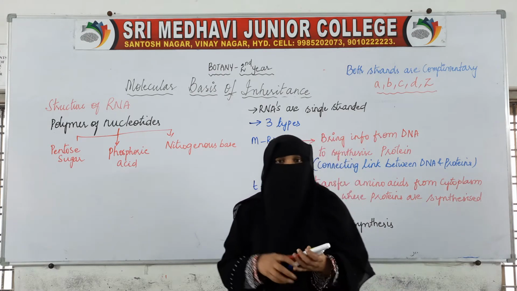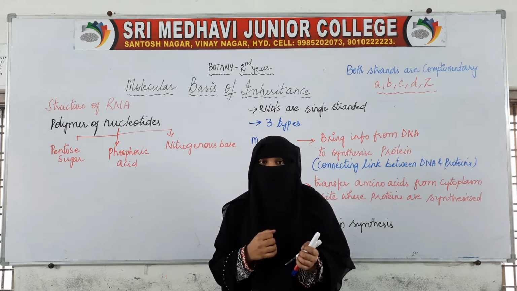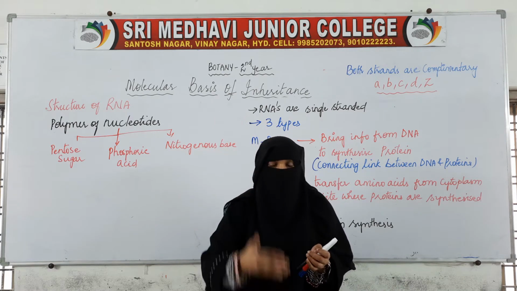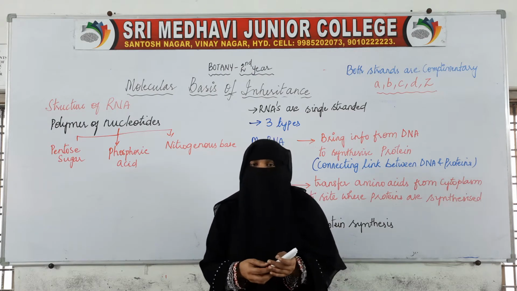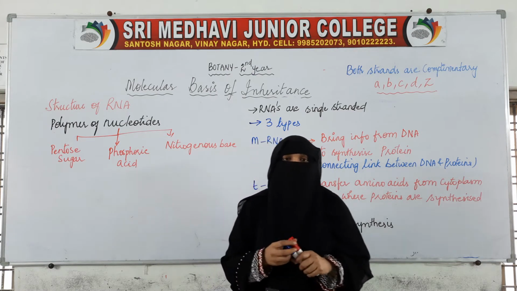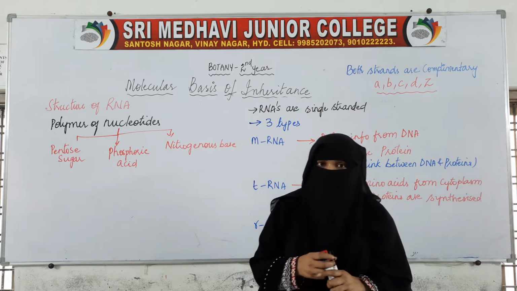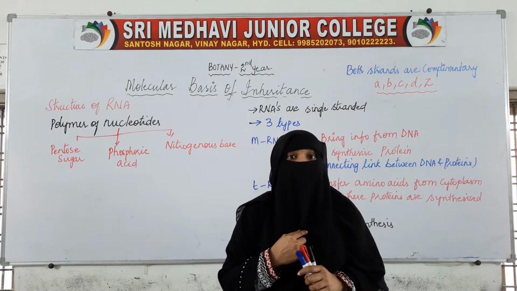So 10 base pairs, 3.4 angstroms distance each, and the total distance of one turn is 34 angstroms.